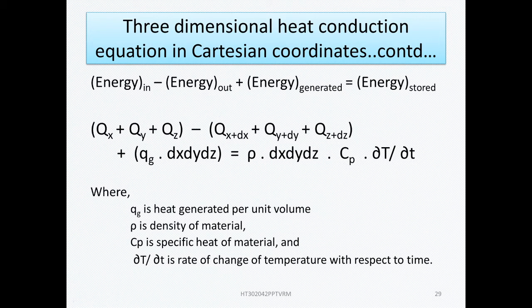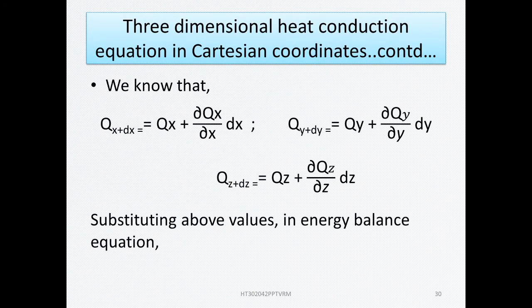From this equation, we can write qx plus dx. Now this qx plus dx can be expanded in the form qx plus ∂/∂x of qx into dx. Similarly, qy plus dy is equal to qy plus ∂/∂y of qy dy. qz plus dz is equal to qz plus ∂/∂z of qz dz.